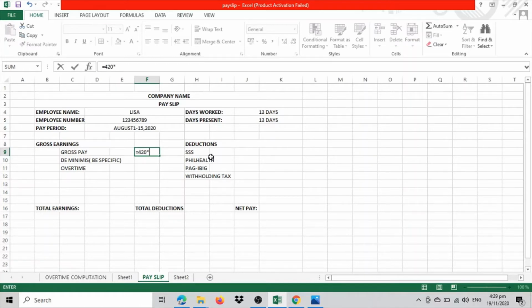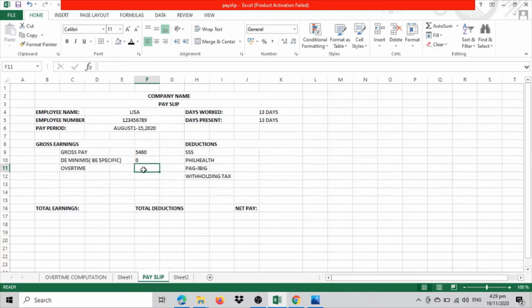We have 5,460 pesos. Supposedly, unfortunately, she doesn't receive any de minimis benefits such as rice allowance or uniform allowance for that month or during that pay period. So let's say 0. Overtime rate.